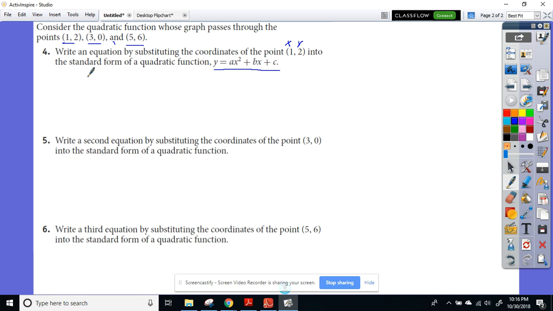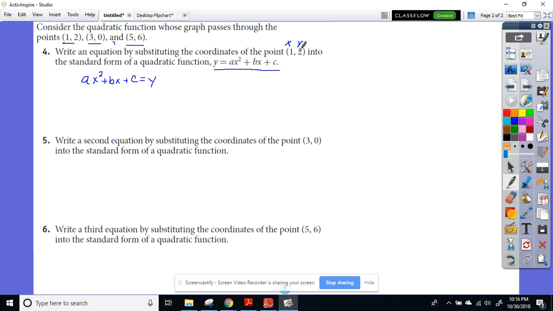And first of all, I think you'll be okay if I rearrange this equation this way. You'll see why I want to do that in just a second. So, since I have this point and I have this quadratic formula in standard form, I can take this 1 and put it in the place of these 2 x's.